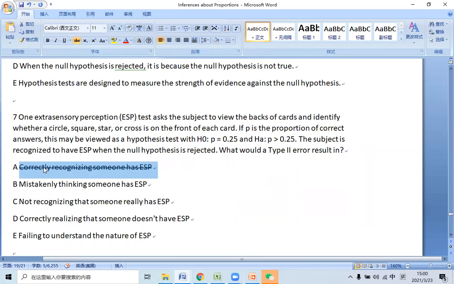This one's gone. How about B? B says you mistakenly think a person has ESP. Is this a type 2 error?